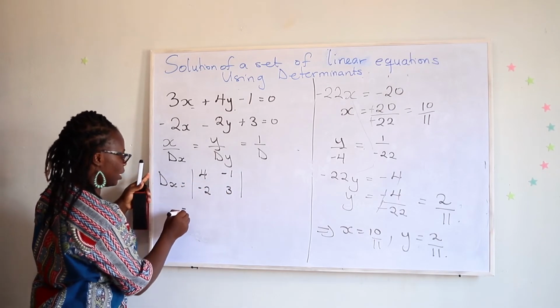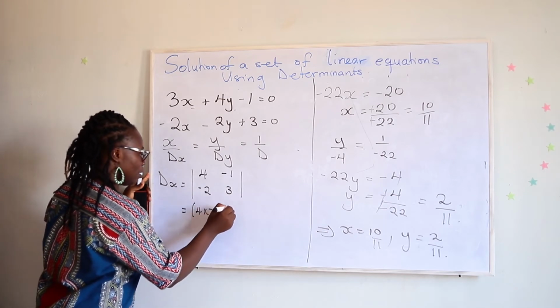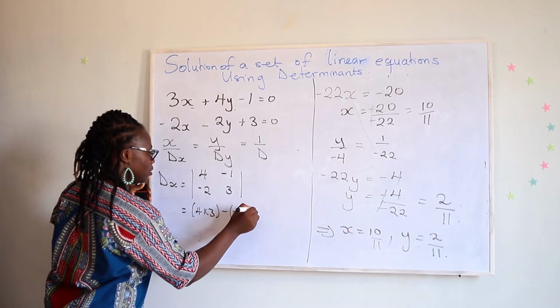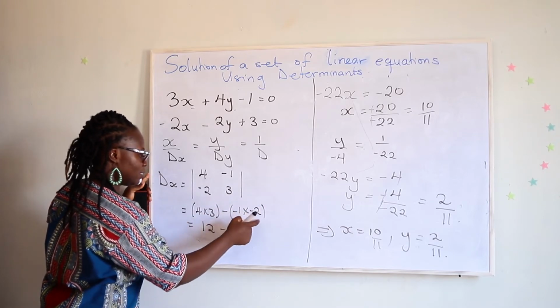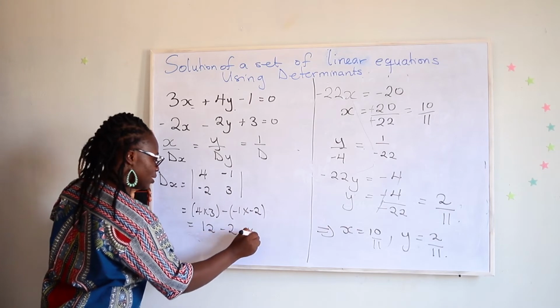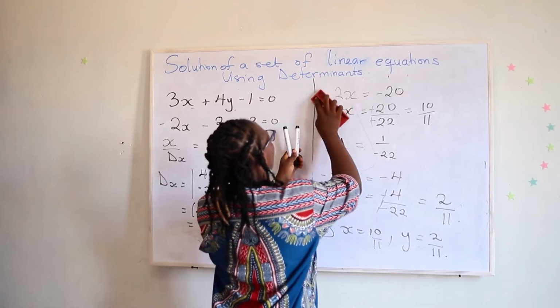Let's find the determinants. What do I have? 4 times 3 minus minus 1 times minus 2. So I have 12 minus 2, which is 10. Let's do the same for the y.